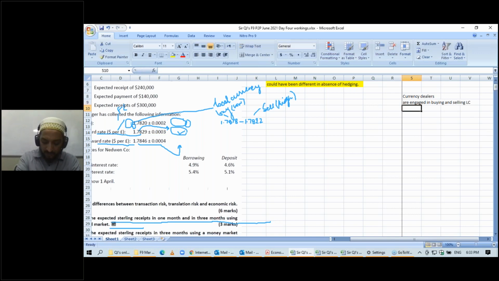LC stands for local currency. They earn profit by selling at a higher price and buying at a lower price.